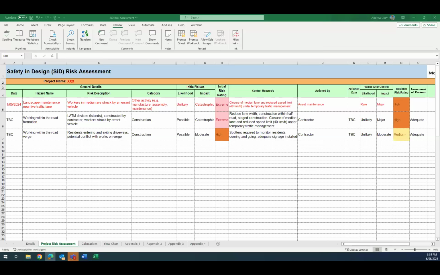So in terms of control measures around the risk of striking services, it was potholing, and also de-energizing, in the case of power, some of that network whilst the works were underway. Yeah, it's just some of the risks identified for that project.